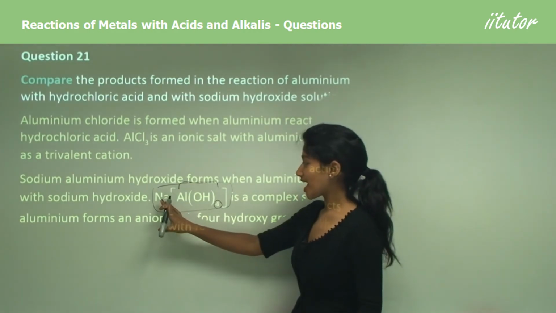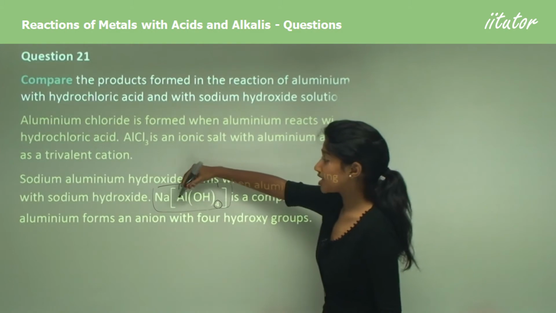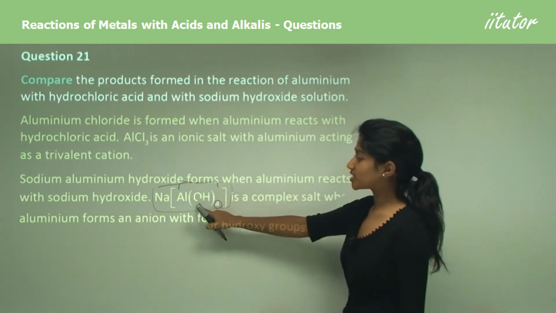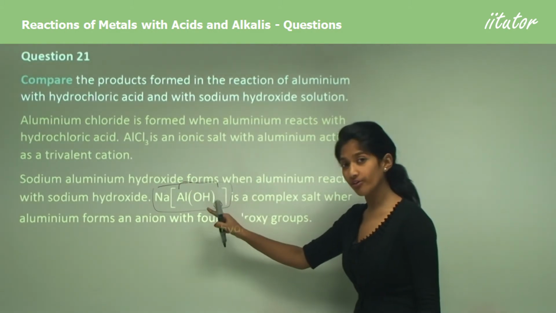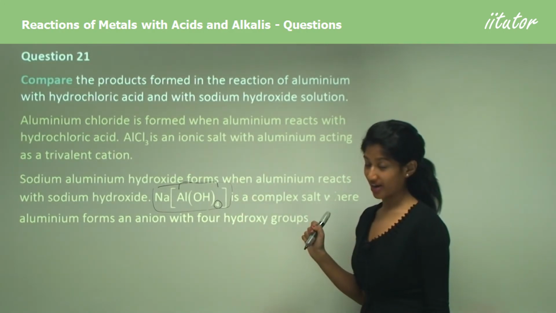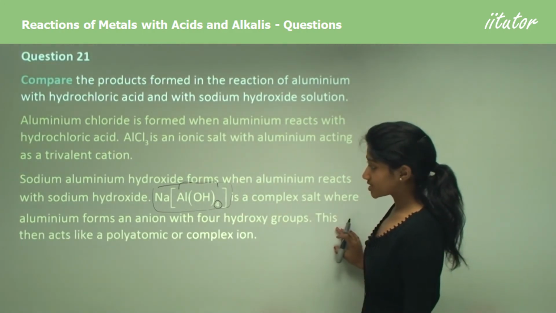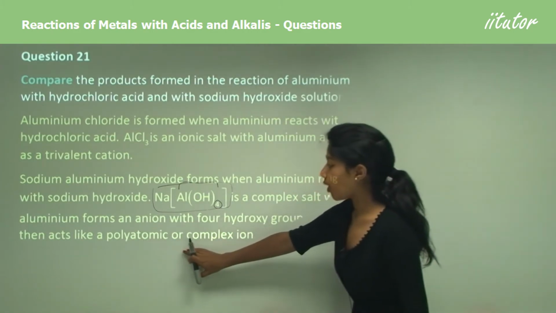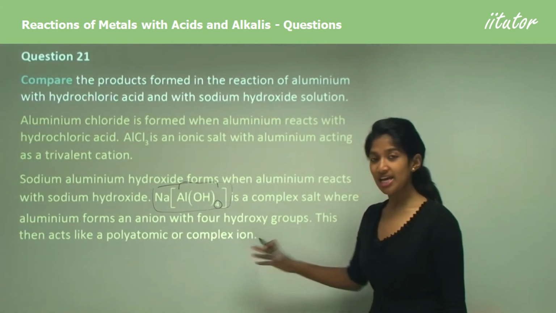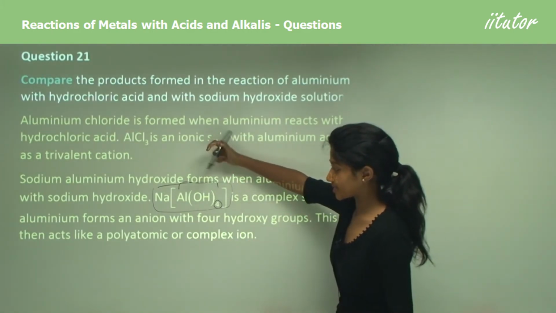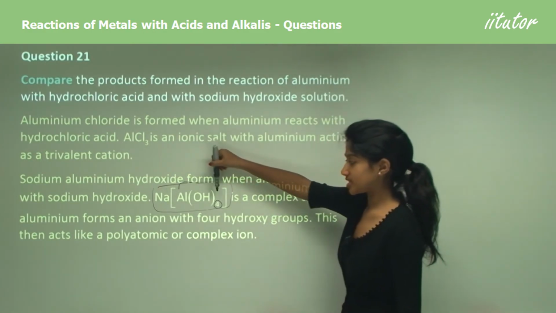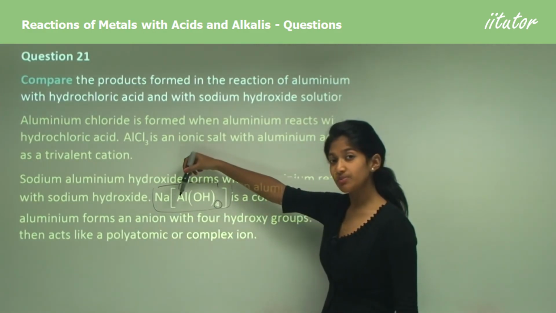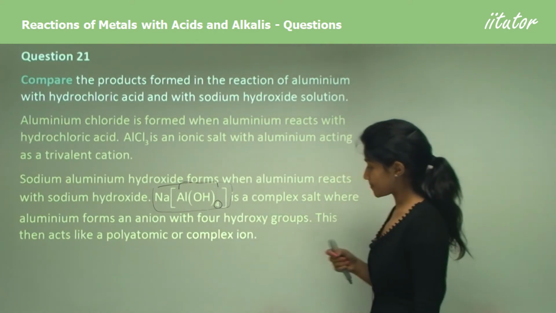So it gives us Na, big brackets open, Al, the little brackets giving out OHs, 4 of them, and you would close your big bracket. This then acts like a polyatomic or a complex ion. In other words, this is a very complex ion made out of different atoms.